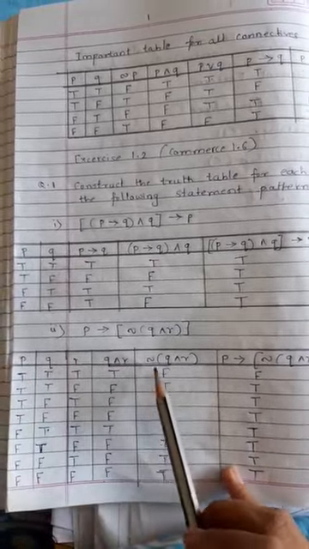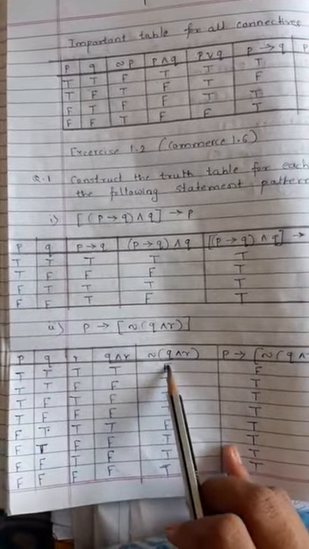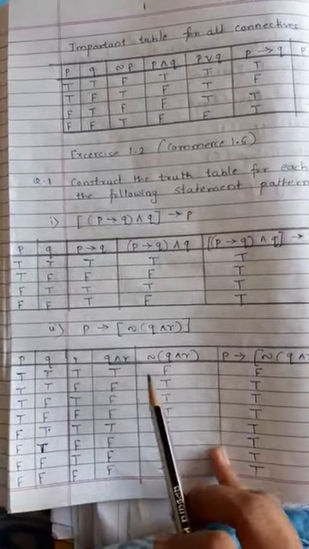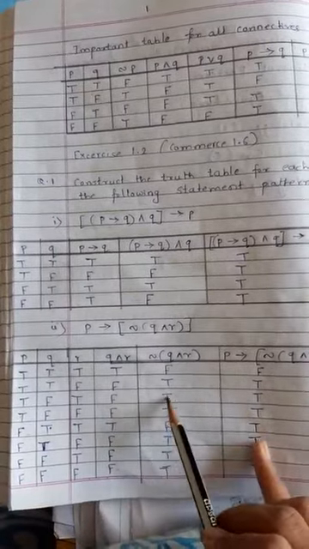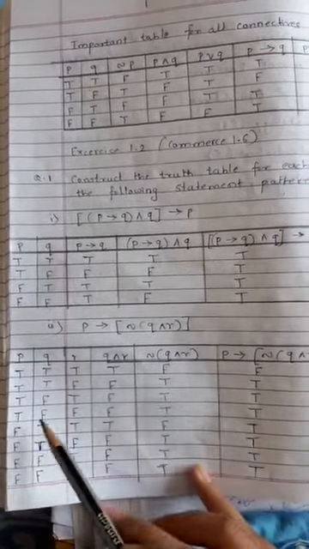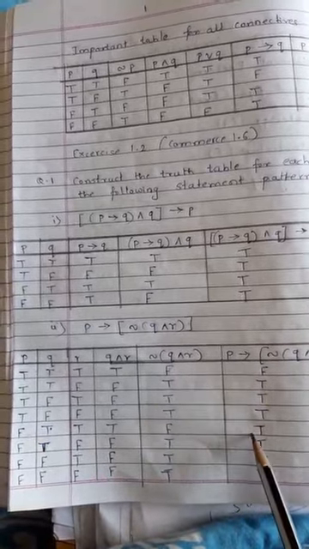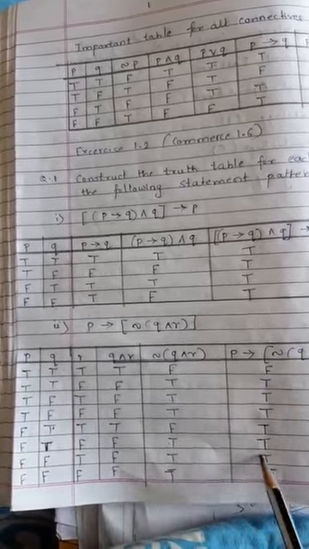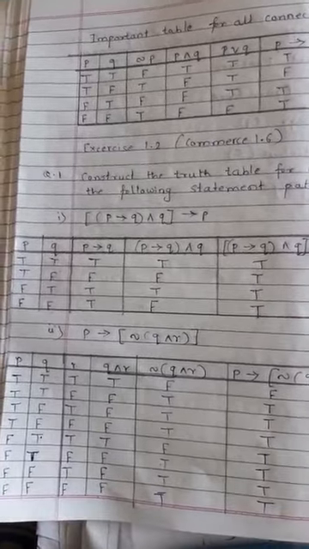So P implies negation of Q and R means T implies F, which is F. T implies T is T. T implies T is T. T implies T is T. F implies F is T. F implies T is T. F implies T is T, and F implies T is T. In this manner you have to solve the problems.